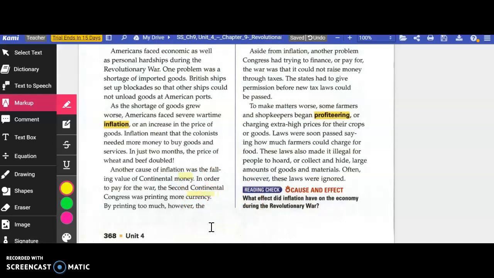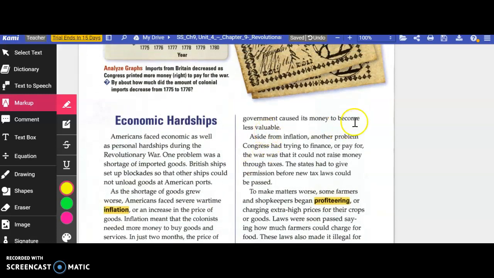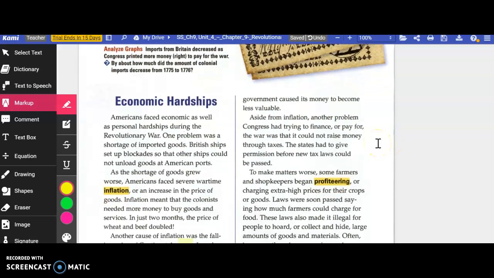By printing too much, however, the government caused its money to become less valuable. Aside from inflation, another problem Congress had trying to finance or pay for the war was that it could not raise money through taxes. The states had to give permission before new tax laws could be passed.